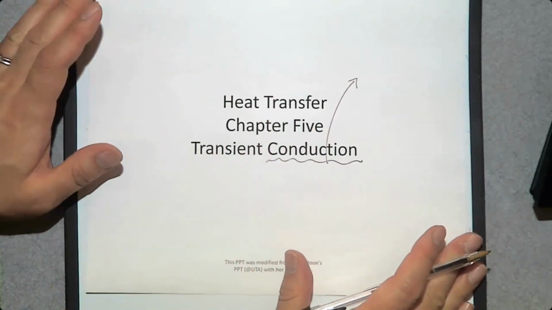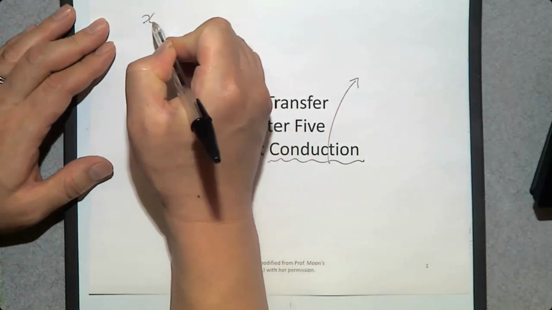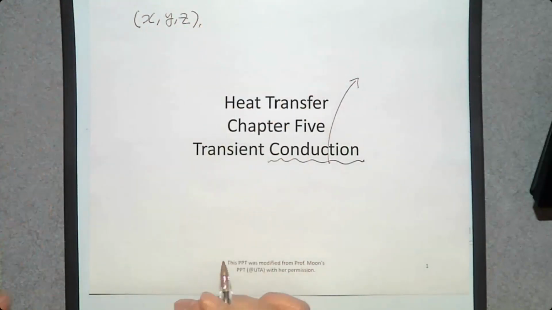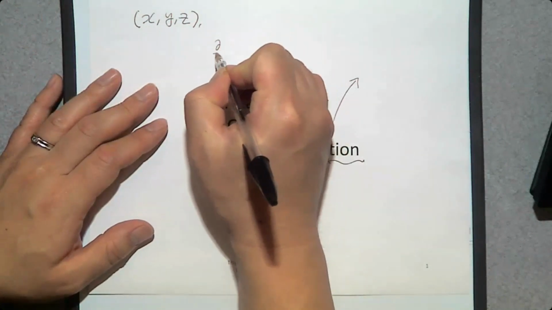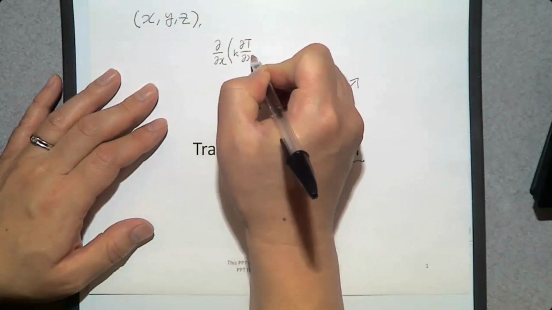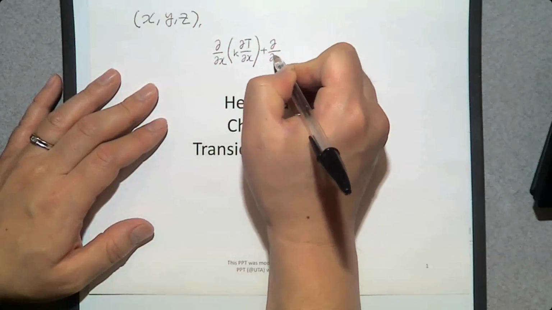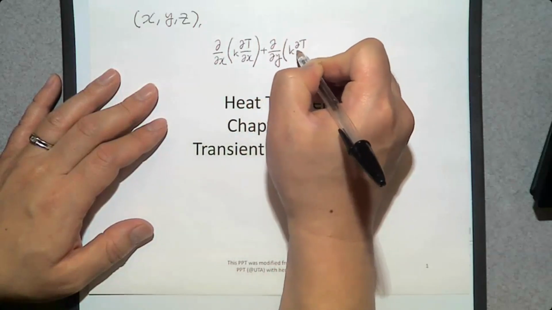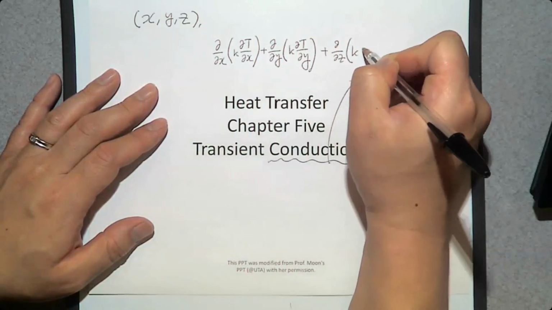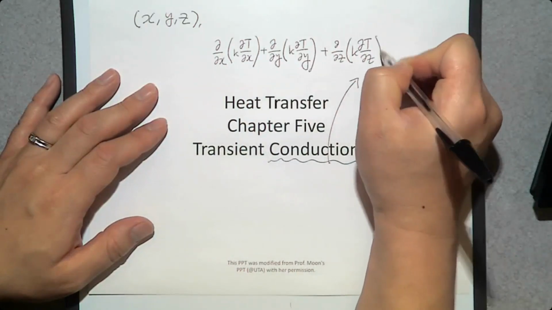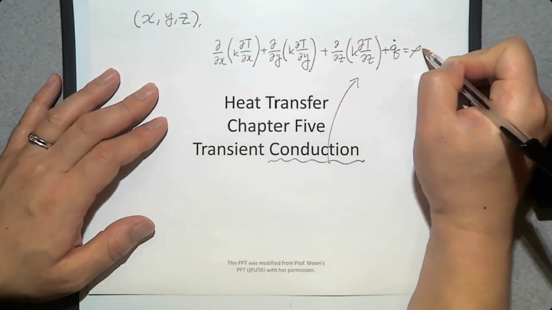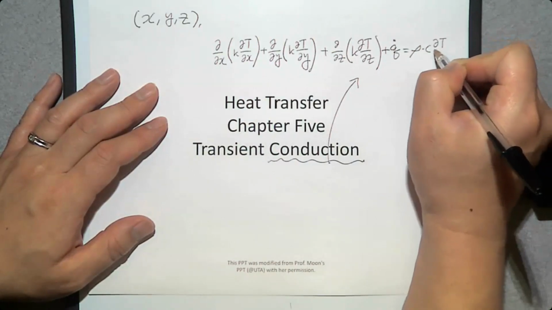Let's talk about the simplest coordinate system, which is the Cartesian coordinate system. Then the governing heat equation is going to be partial over partial x, k partial T over partial x, plus partial over partial y, k partial T over partial y, plus partial over partial z, k partial T over partial z, plus heat generation q dot, equals density times specific heat times partial T over partial time.